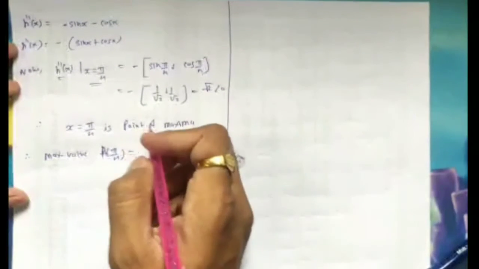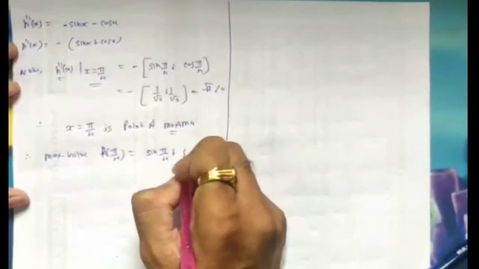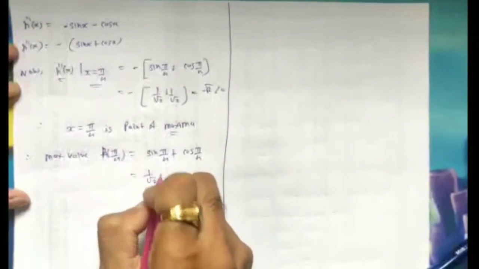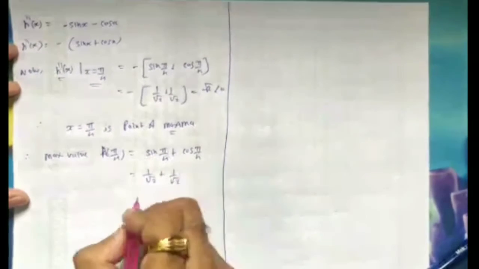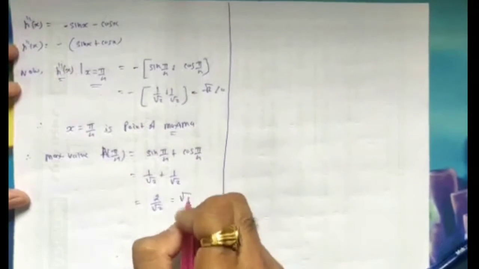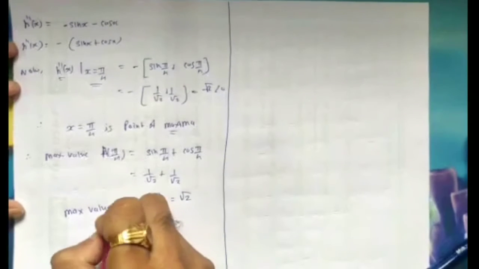It's sin x plus cos x. So it's sin pi by 4 plus cos pi by 4, 1 by root 2 plus 1 by root 2, 2 by root 2, which is equal to root 2. This root 2 is the maximum value of the function h of x.